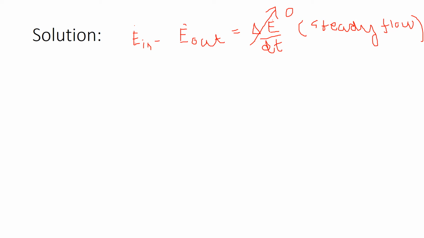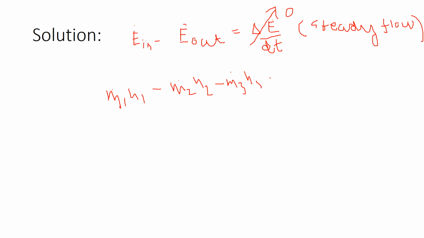So from here, the rate of net energy transfer can be by heat, mass or work, but in our case energy is coming in the form of mass. So m dot 1 h1 minus m dot 2 h2, which is mass going out from 2, minus m dot 3 h3, mass flowing from 3 as exhaust.